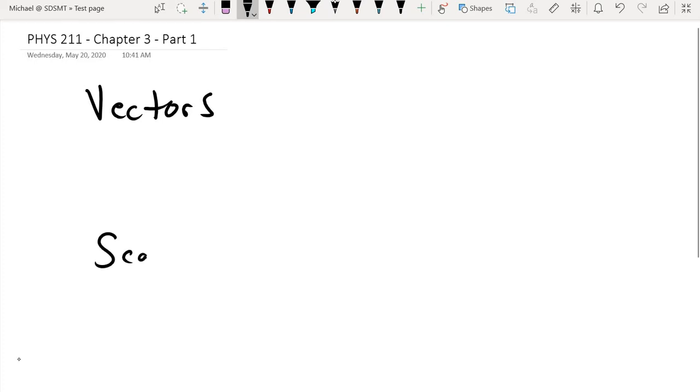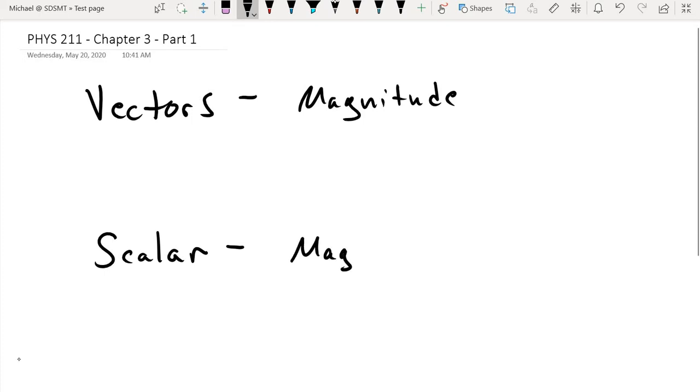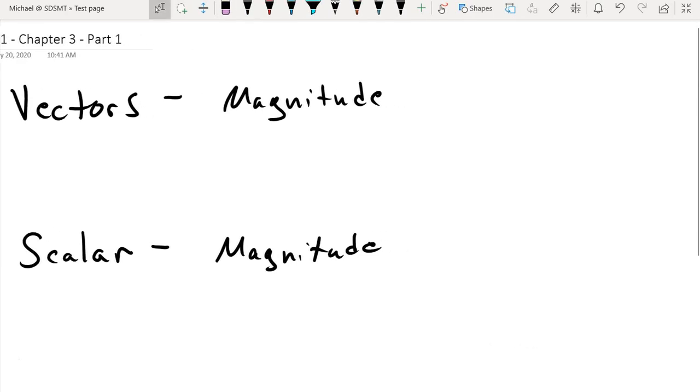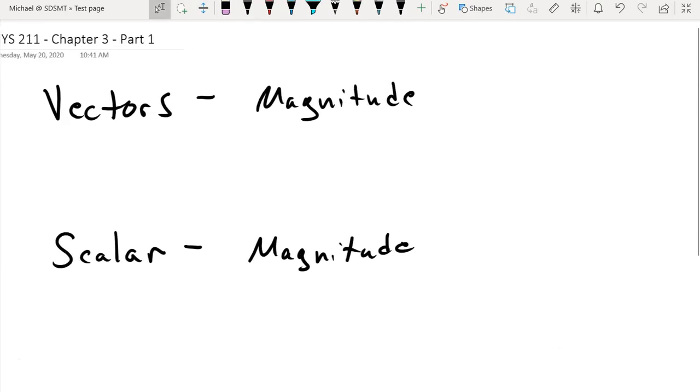So a vector is actually one of 2 different quantities that can be measured. The other one is what we call a scalar. And what both of these quantities have in common, they both have what is known as a magnitude. And this is a word that we may have even seen show up in the Chapter 2 material.